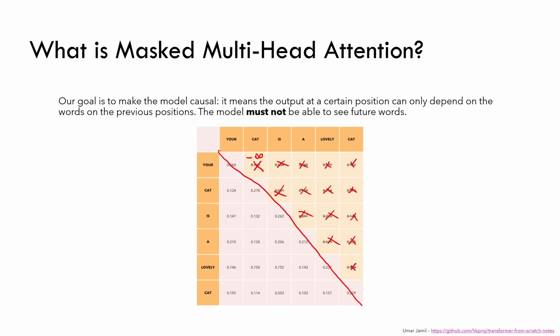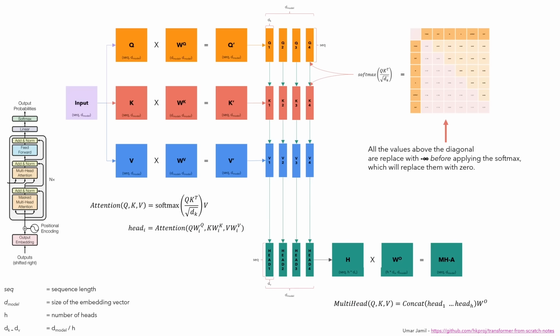Let's see in which stage of the multi-head attention this mechanism is introduced. When we calculate the attention between these smaller matrices, so Q1, K1 and V1, before we apply the softmax, we replace these values with -infinity.